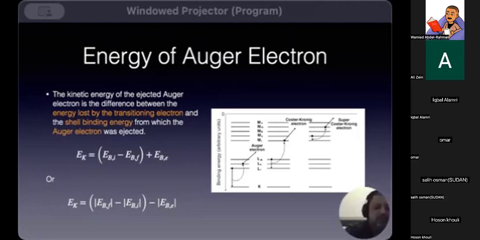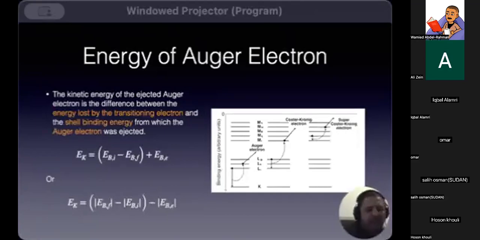And that energy is then given to an electron, and the kinetic energy would equal this energy. I wrote here plus binding energy because the binding energy is a negative number. Or the best way is you can also use absolute values. Just forget about the confusion of plus or minus.